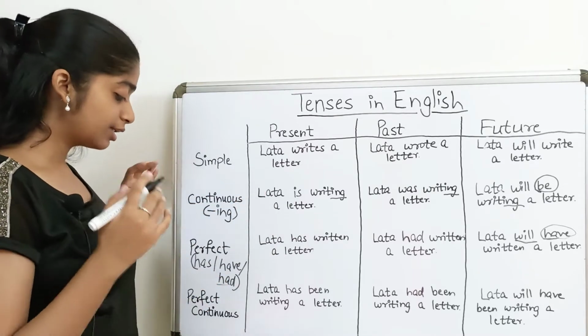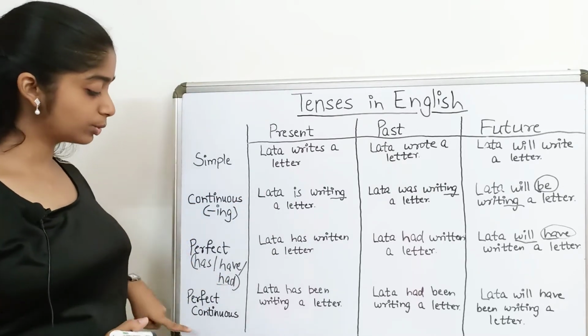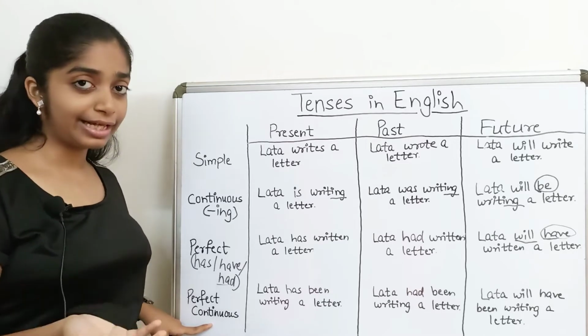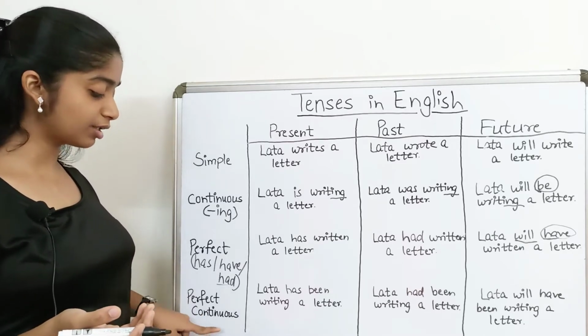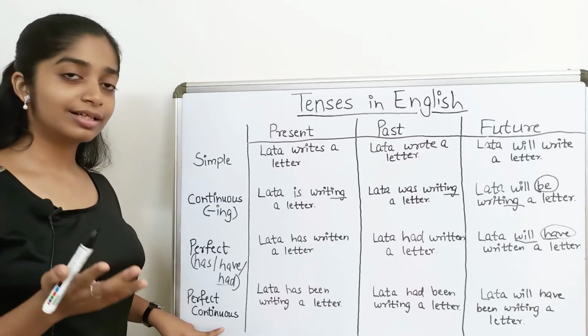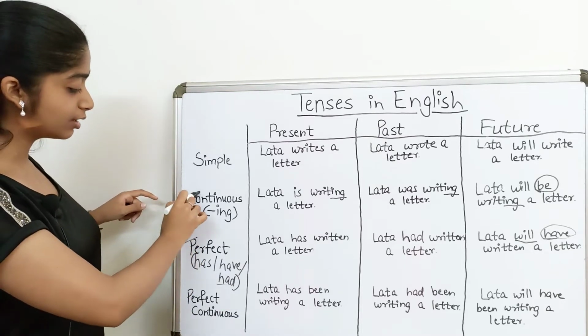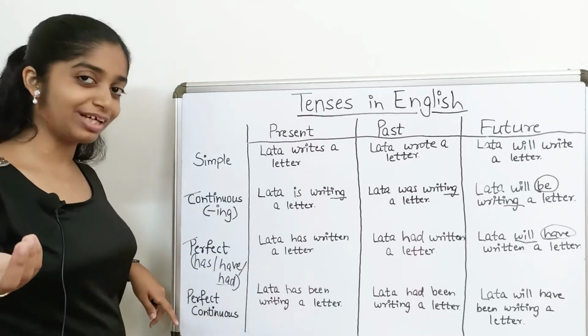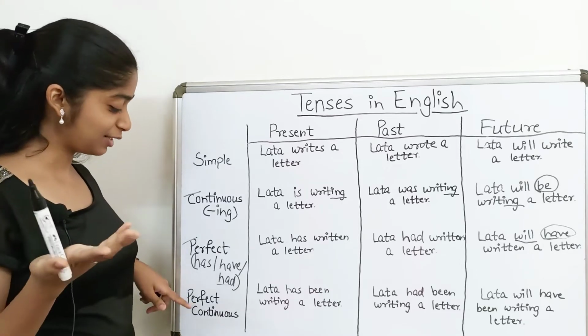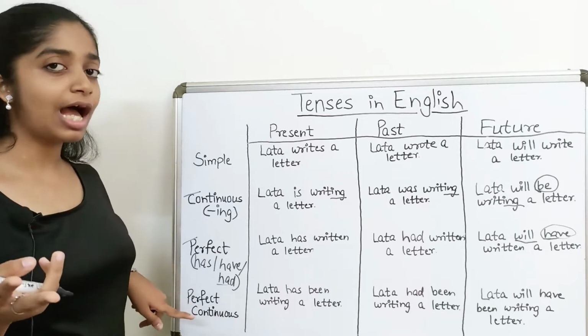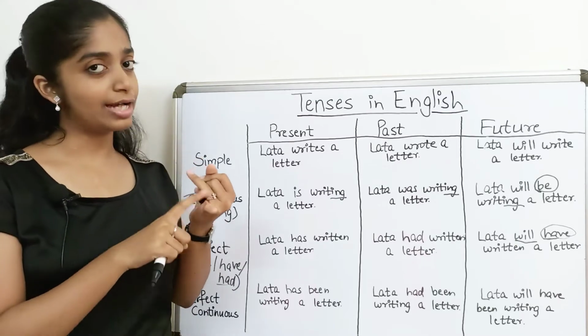Now, moving to the last type of tense, which is the perfect continuous tense. This is a mixture of perfect and continuous tense. It is as simple as that. So perfect means it will have words from have, has or had.